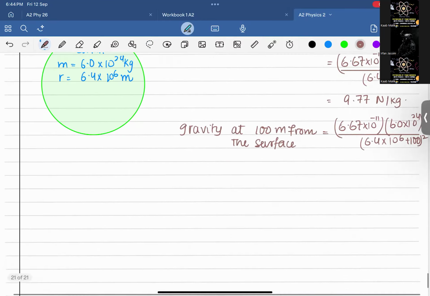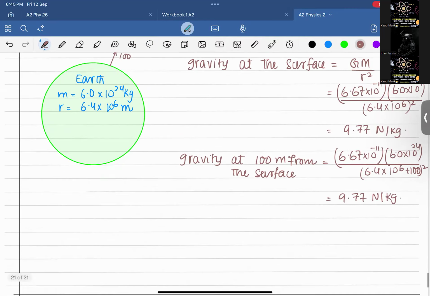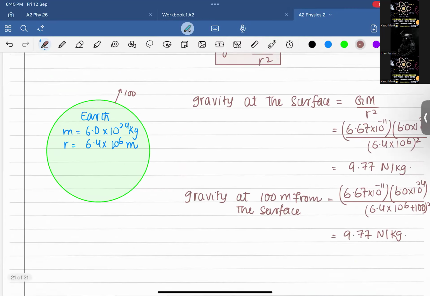So you still get the same thing, 9.77 newtons per kg. And this is for the second case.